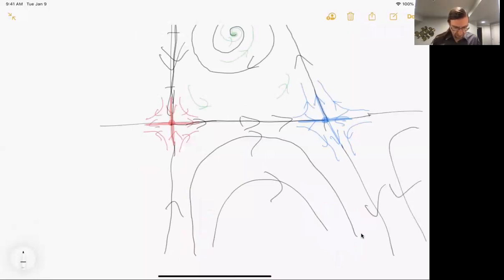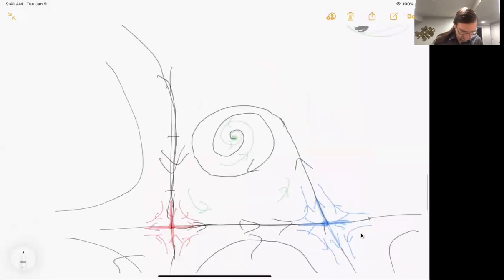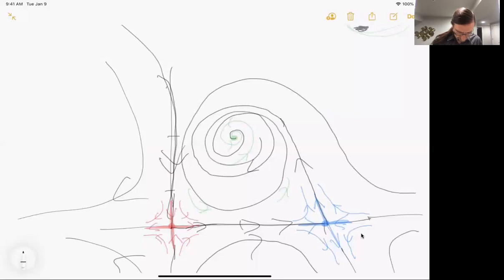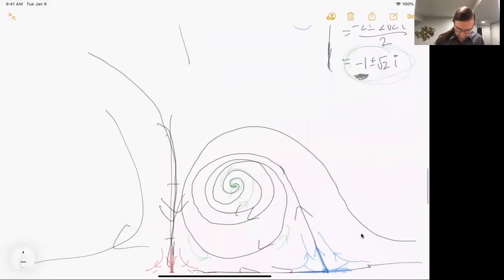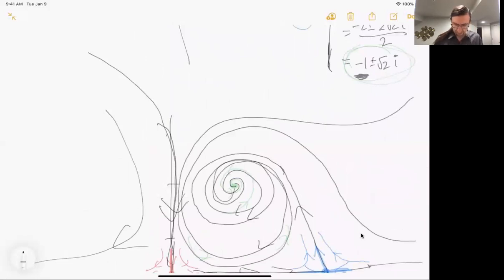It's looking to me like the picture is probably something like this. Things are just getting sucked into that equilibrium point. Even from way out here, things will get sucked into that equilibrium point.